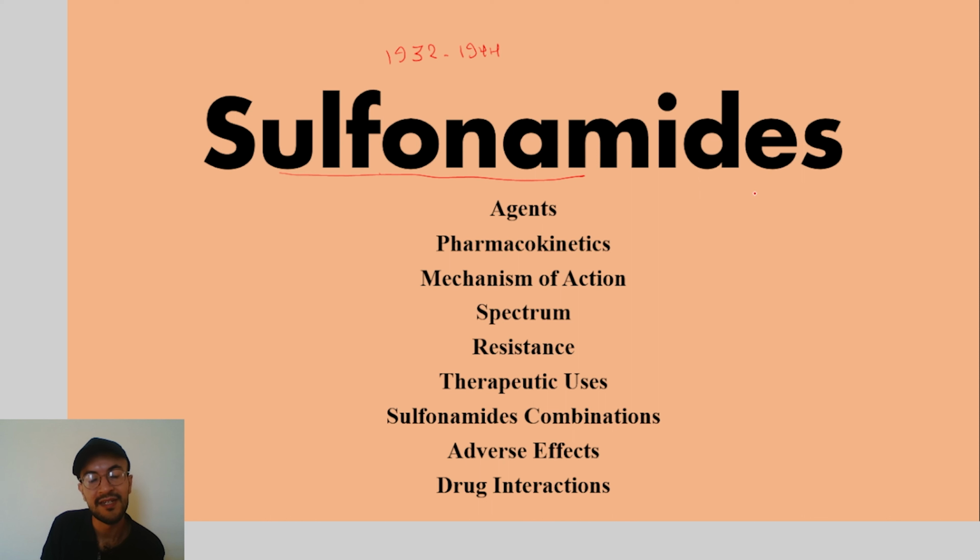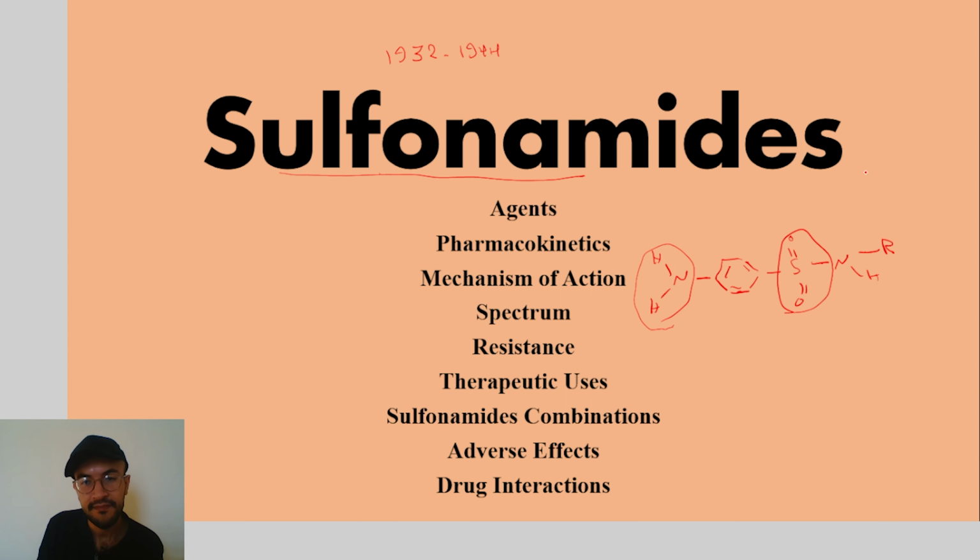Their chemical structures contain an amine group like that, connected to a ring, and the ring is connected to a sulfone group, and then the sulfone group is connected to another amine, just like that. And the name comes from the structure, so sulfone from the sulfone group and amides from the amine group that is here.